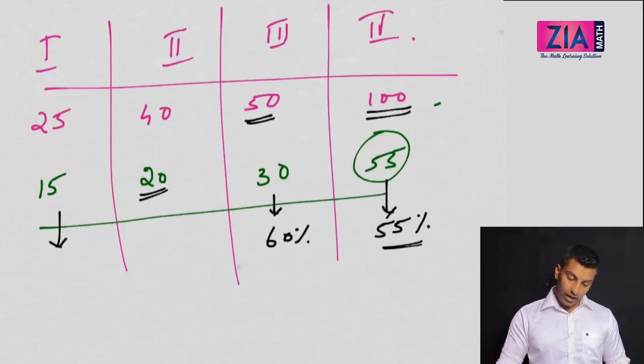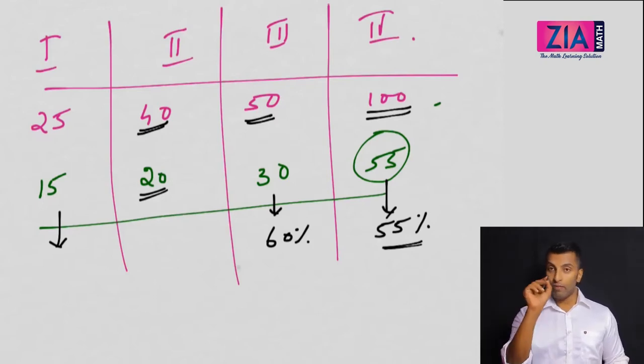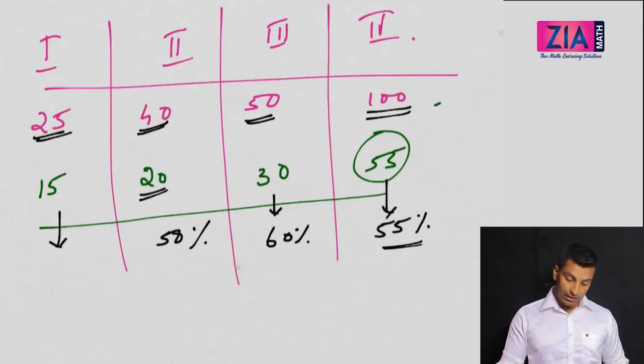Here the base is 40, so to convert into 100 you need to multiply by 2.5, or 5 by 2, so that means this is going to be 50 percentage. And similarly here, 25, to convert that to 100 you need to multiply by 4, so when you multiply the numerator by 4, 15 becomes 60.